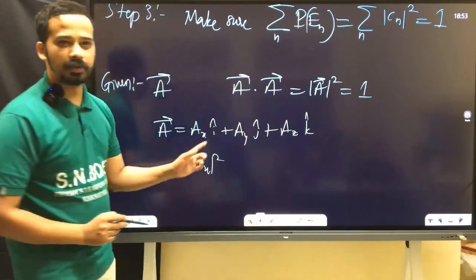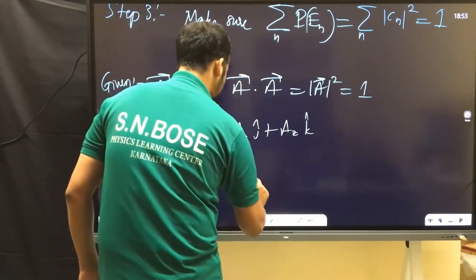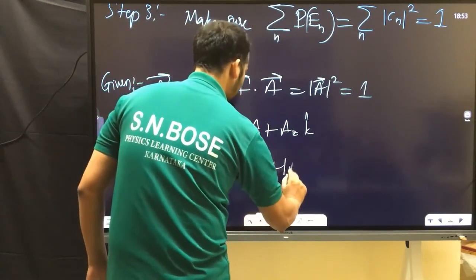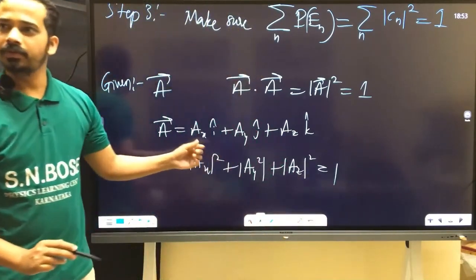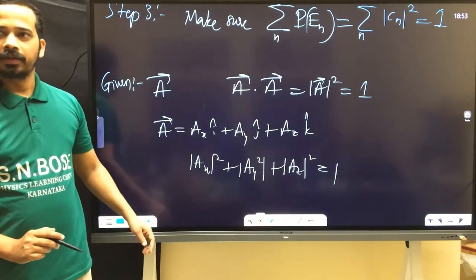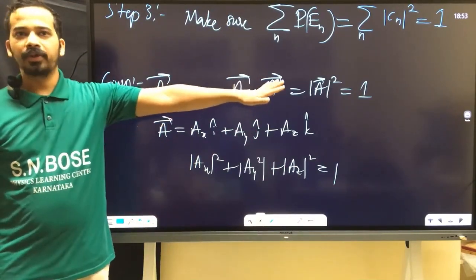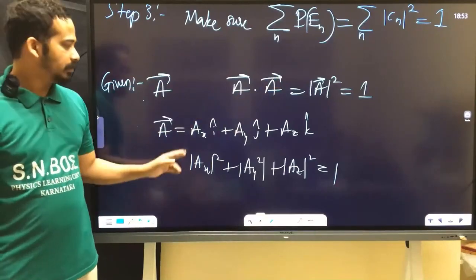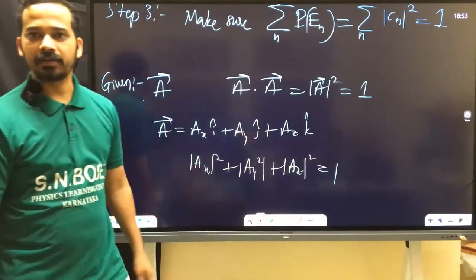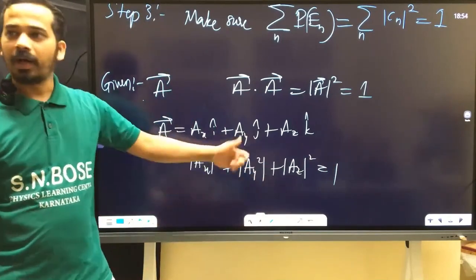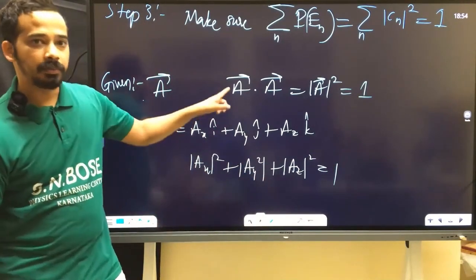We don't write mod because these are real in the real vector space. Then you say it is a unit vector. You take the dot product with itself, or later expand and divide each term by one common factor and make sure the sum of squares of the components equals 1. These are equivalent.